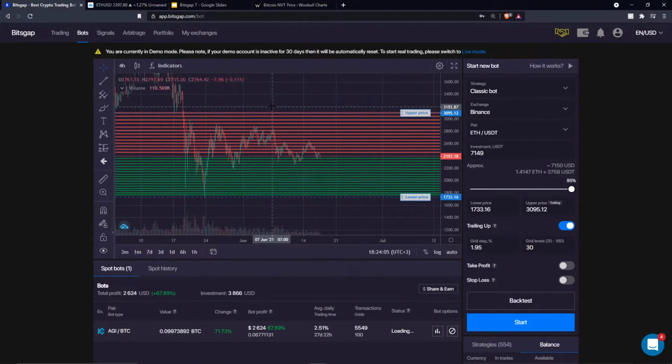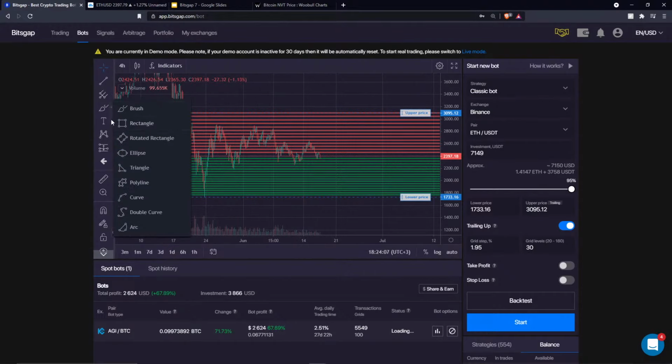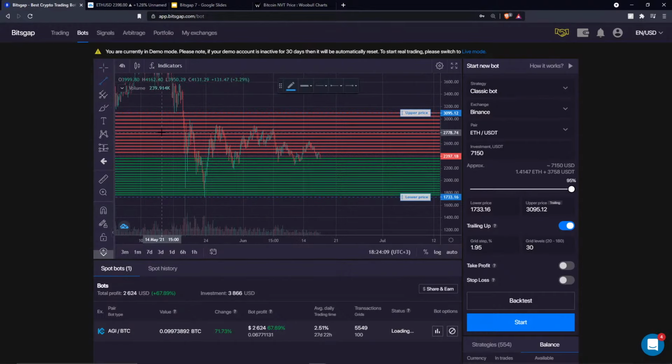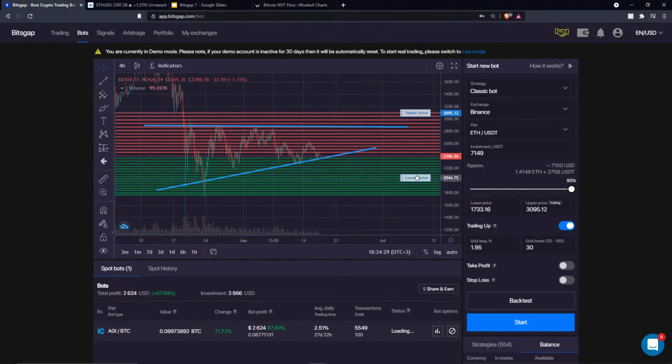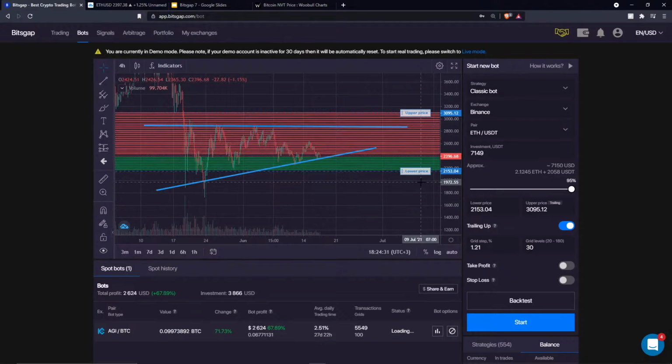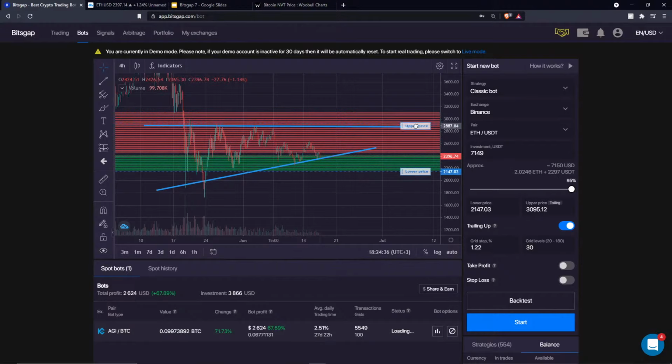As I look at the chart right now, I can spot this pretty much also ascending triangle bottom formation, with this being the resistance, and this area more or less being the ascending support line. At least here I would set my lower price around this area and my upper price here.